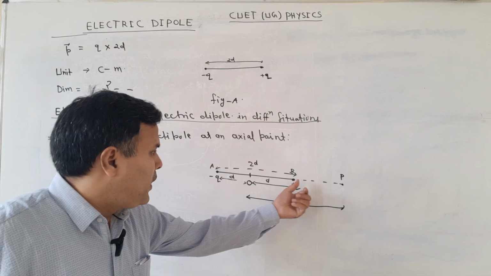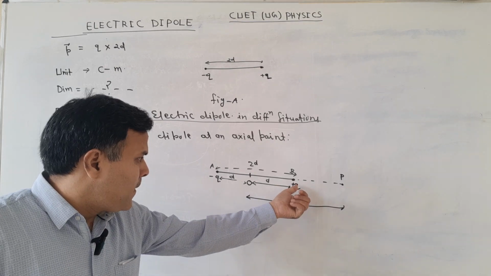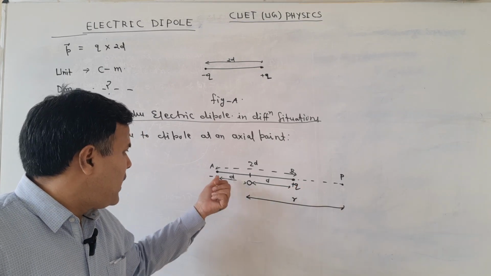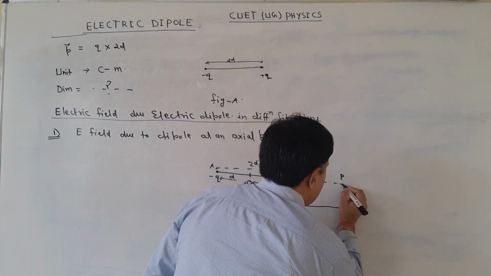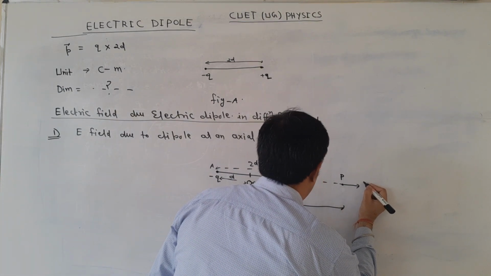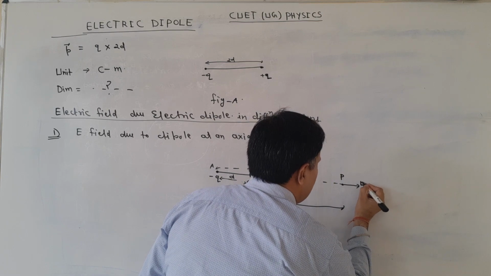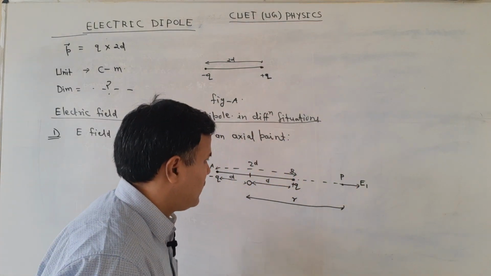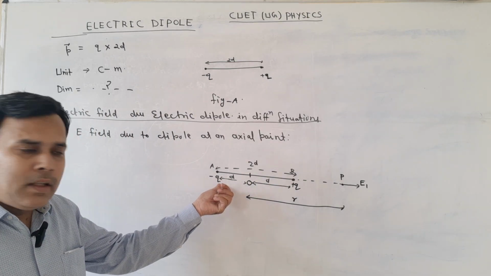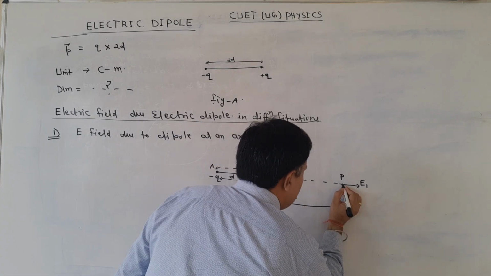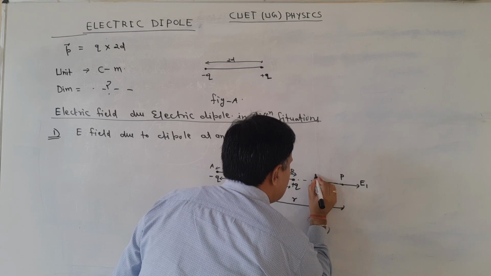So what is the electric field due to this plus charge and this minus charge? The electric field due to this plus charge is, let's say E1, in this direction, and the electric field due to this minus charge, let's say E2, is towards the charge.